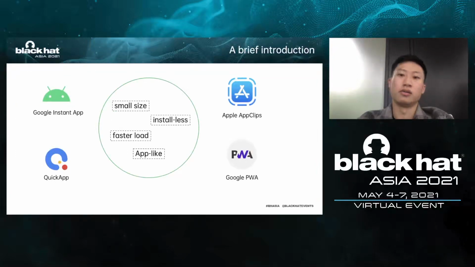Okay, we first give a brief introduction. There are different kinds of install-less apps, like Apple App Clips, Google Instant App, Quick App, and Google PWA. But they all have similar features. They are small in size and do not need to be installed, so they can be loaded quickly, and the user process is very similar to a normal app.